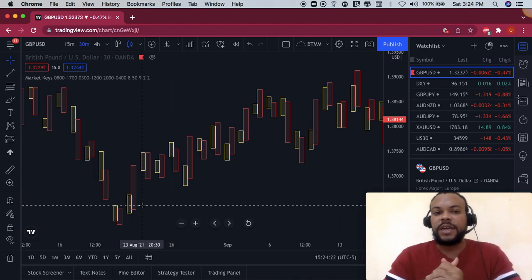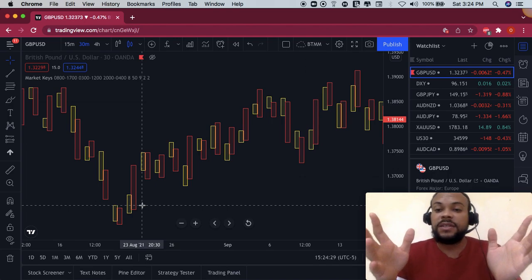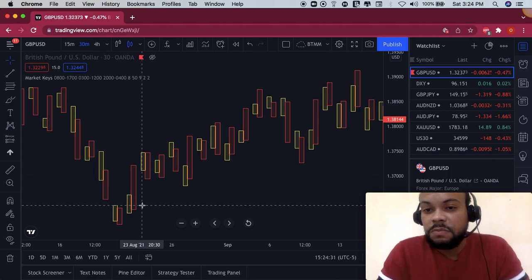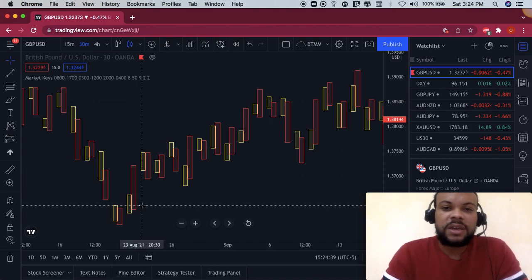trade during the times which have the most volume, because what normally happens is that these times with a lot of volume reduce the risk of you making a stupid decision like using the wrong lot size, using incorrect leverage.